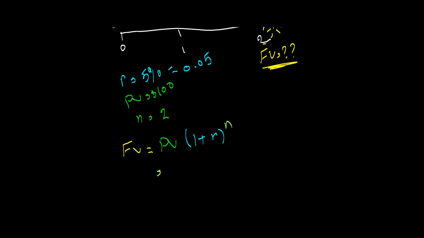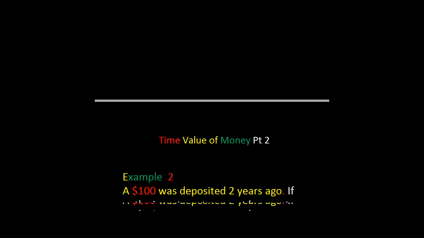We start with the 100, multiplied by 1 plus 0.05, to the power of n, and n here is 2. The answer for this is 110.25.